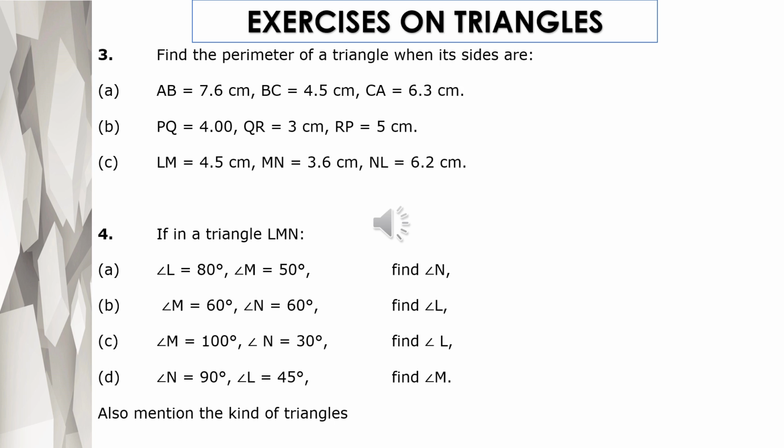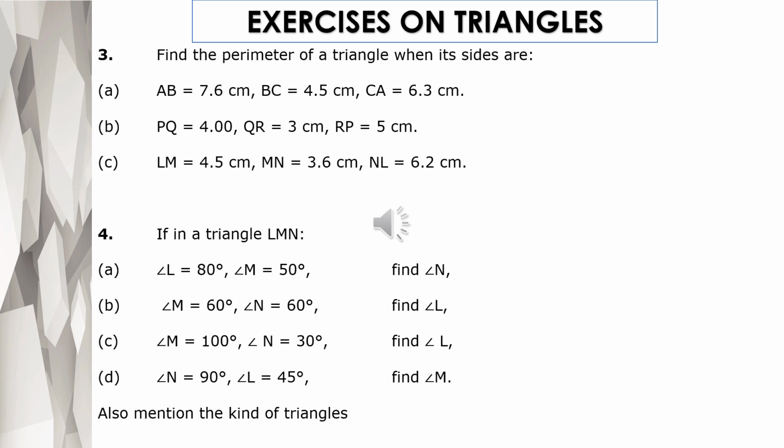I have a few more questions for you. Okay? So number 3, you have to find perimeters of triangle. You remember what is perimeter? Perimeter is the sum of all 3 sides. So there are 3 questions here. Just find out the perimeter of these 3 questions.